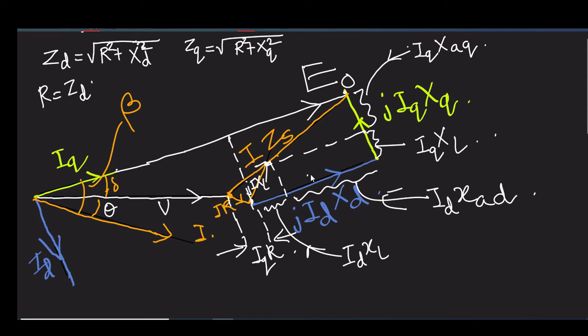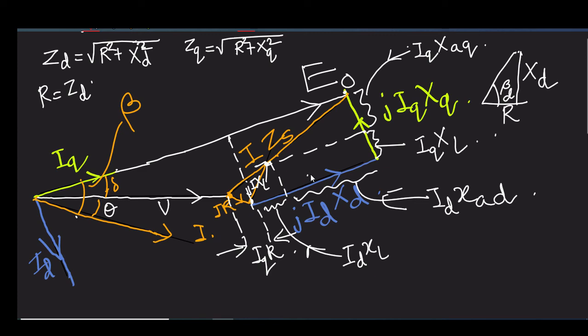We are trying to define two triangles. One is with R, here it is XD, and this much is your angle.